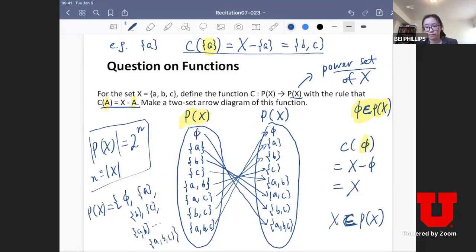So A replaces every single element in the power set, which represents the element in the domain of this function. What is the domain? The domain of the function is the power set of X. The codomain is also the power set of X. So A represents an element in the domain, and it is going to represent all of those 8 different sets as a variable.